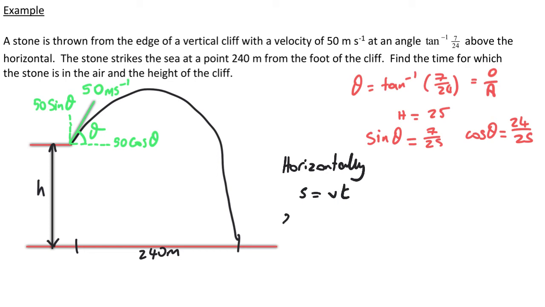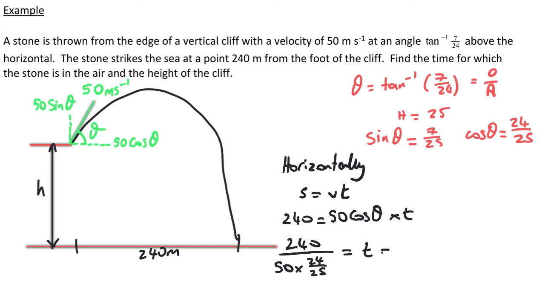So the horizontal direction was 240 metres, the velocity was 50 cos theta times t. So 240 divided by 50 cos theta, and we know that cos theta is 24 over 25. So that's going to equal t, which is 5. So t is 5 seconds. To find the height of the cliff, we can do the vertical direction.